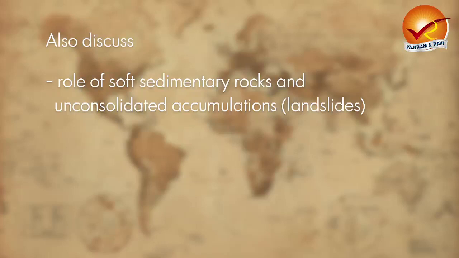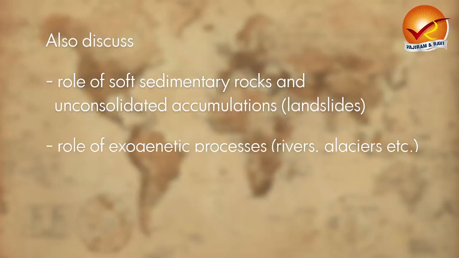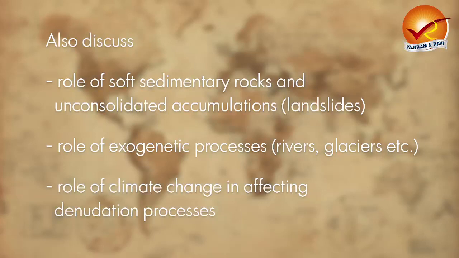So when you say geomorphological aspects, you also should be talking about the role of exogenetic agents of denudation, the role of glaciers, the role of rivers, the role of erosion, deposition by these agencies. You must also refer to the changes as a consequence of how climate change can impact. So geomorphological consequences are linked to climatic aspects also. You are not supposed to leave that.